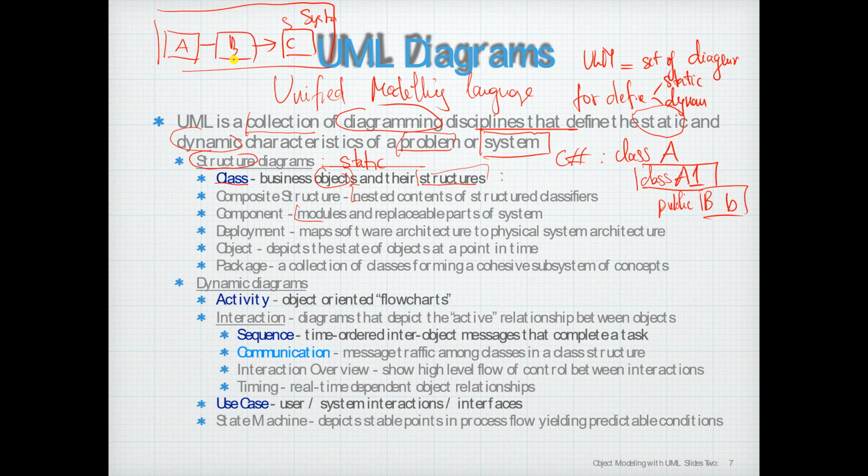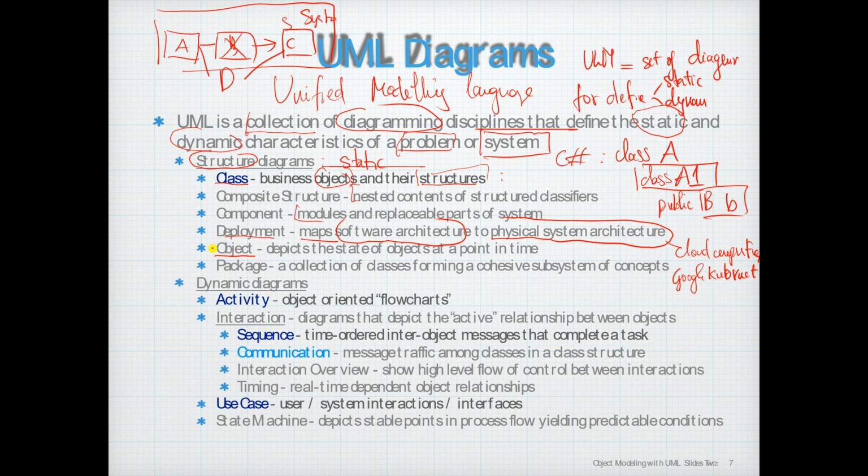So you can replace B with another component in this structure. A deployment diagram is a map of software architecture onto a physical system architecture. For example, if you learn about cloud computing, it has a library, Google Kubernetes, and they define the system as components.